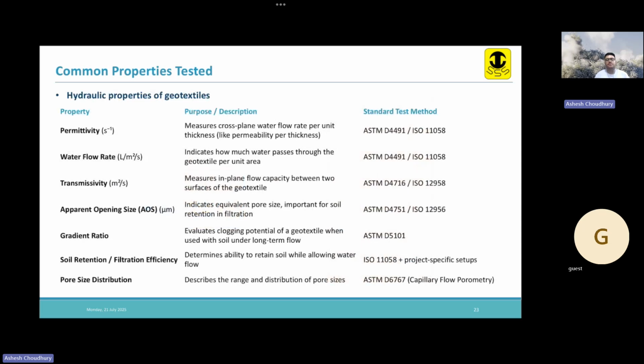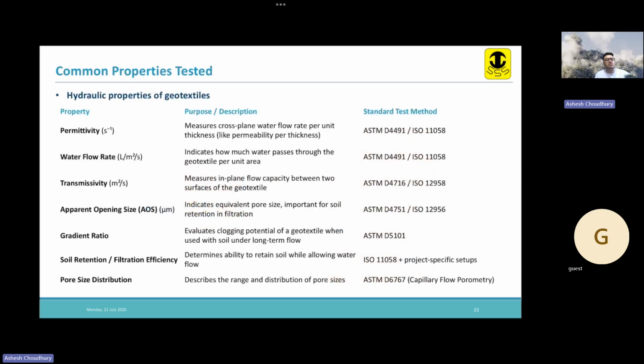The permittivity, okay, this is measured as per ASTM D4491. It measures the cross-plane water flow across the geotextile. Then water flow rate indicates how much water passes through the geotextile per unit area. Then we have transmissivity, which measures the in-plane flow capacity between two surfaces of the geotextile. So permittivity measures the cross-plane flow, transmissivity measures the in-plane flow.